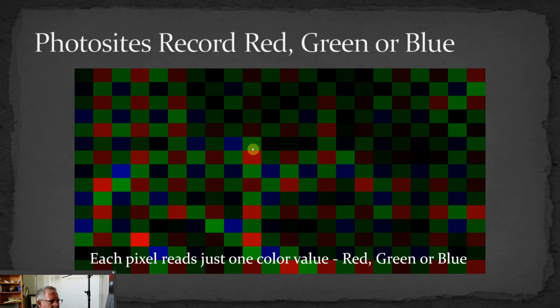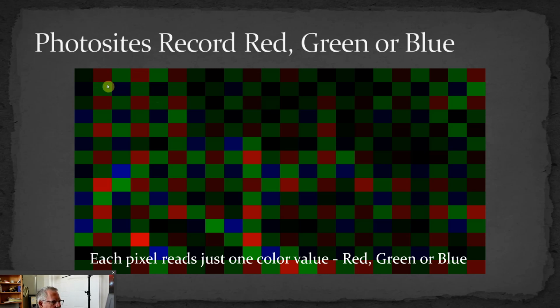So if you have a 20 megapixel camera, you have 20 million photo sites, but each one of those sites will record only red, green, or blue, depending on what color filter is in front of that particular pixel. So again, these are very, very small. The camera I use has 3.76 micron photo sites, so these color filters are that small.